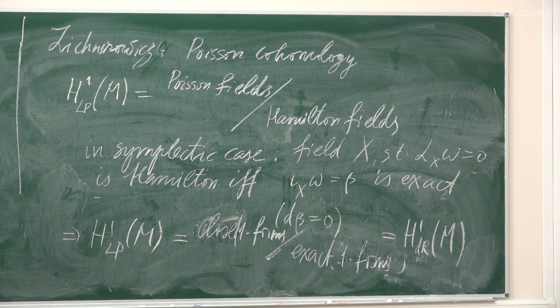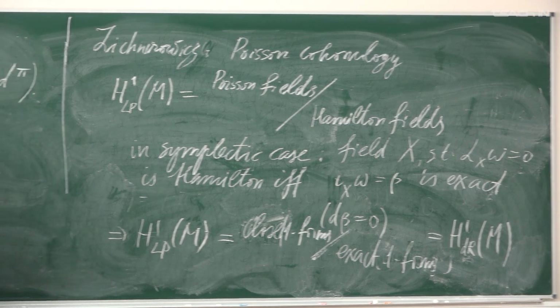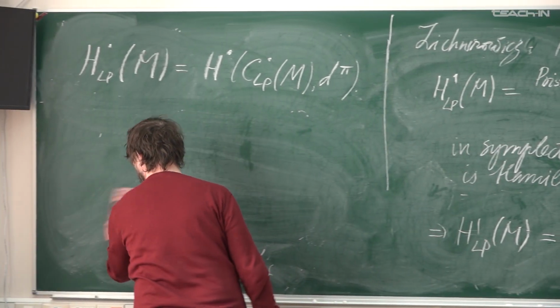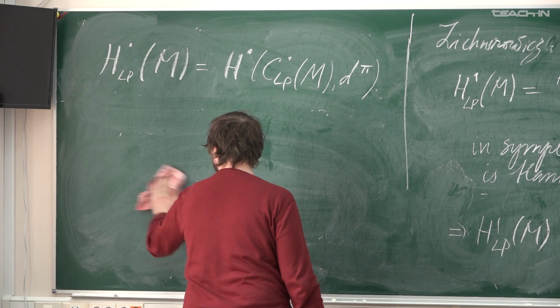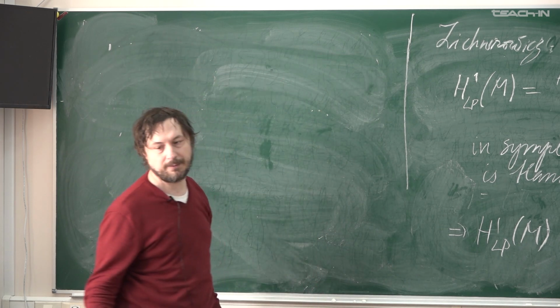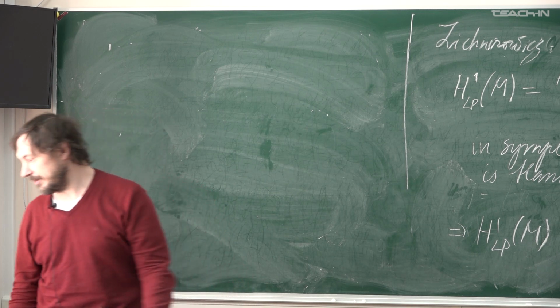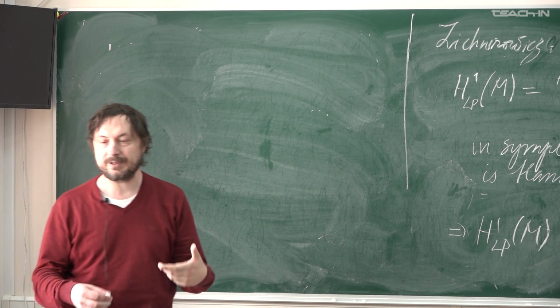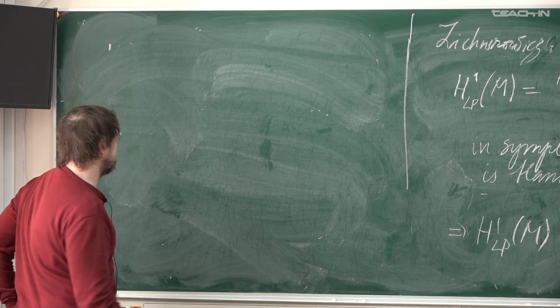The same is true in degree 0, of course. What do we have in degree 0? It's even simpler. In degree 0, there are no exact elements in Lichnerowicz-Poisson cohomology because there are no elements of degree -1.